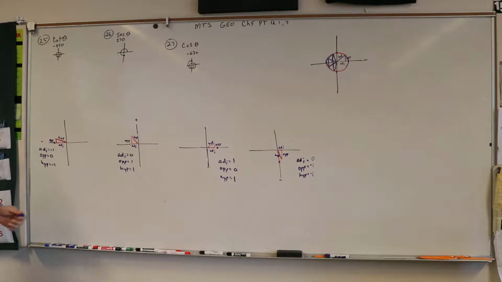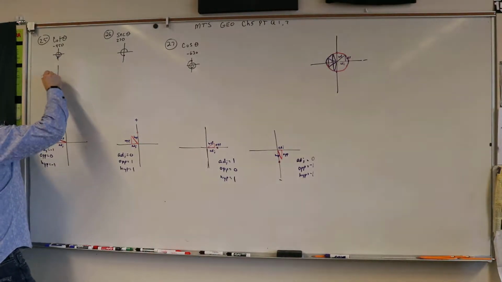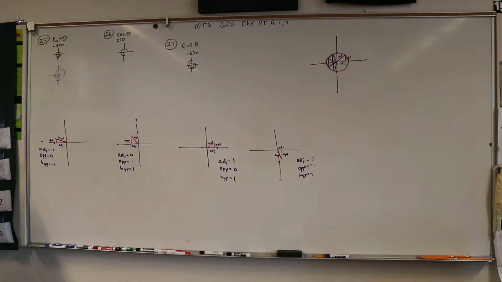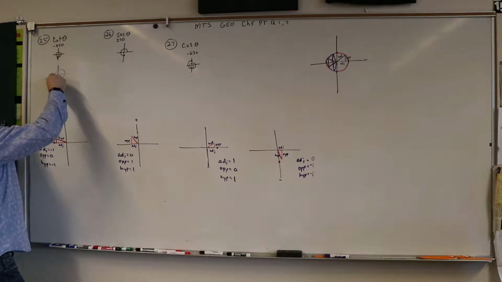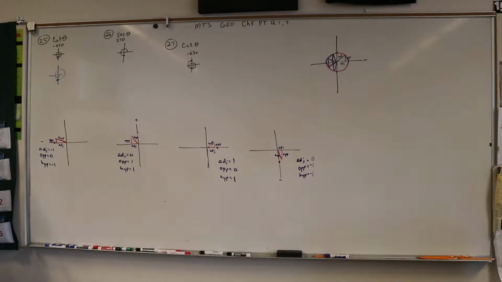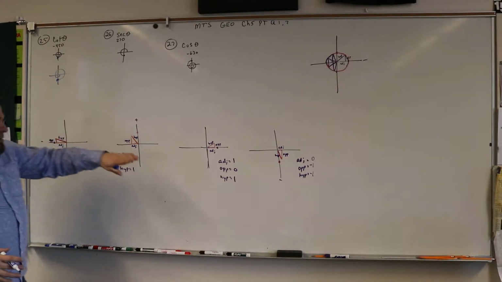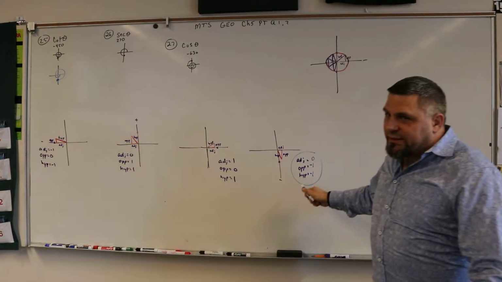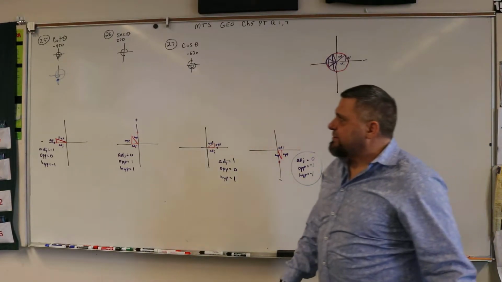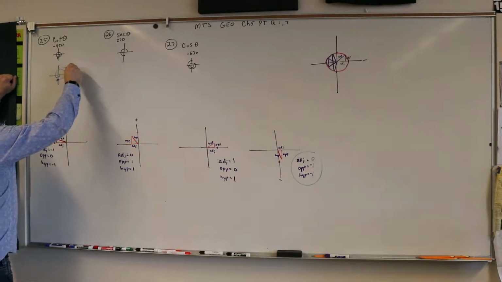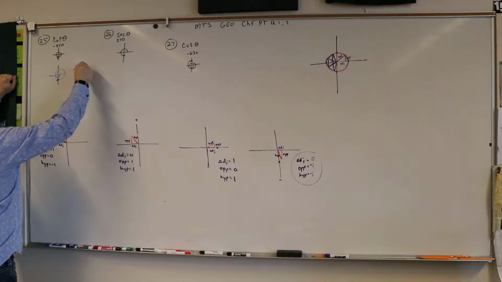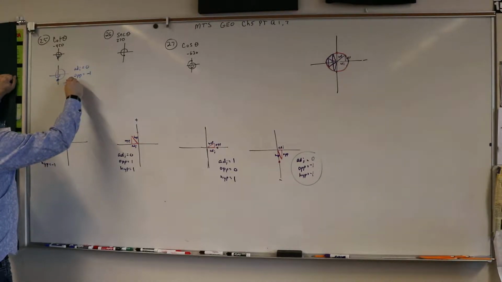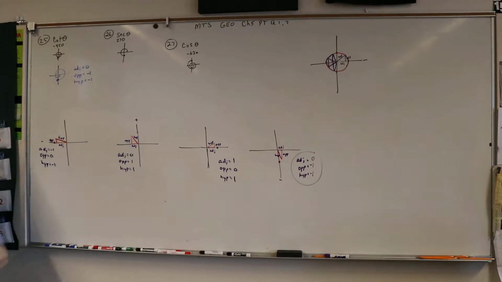Because now I just have to look at where these points are. This point is right here; it went around twice, it's negative. But all we care about is where this point is. That point is this guy. So we're going to be using adjacent equals 0, opposite equals -1, and hypotenuse equals -1.